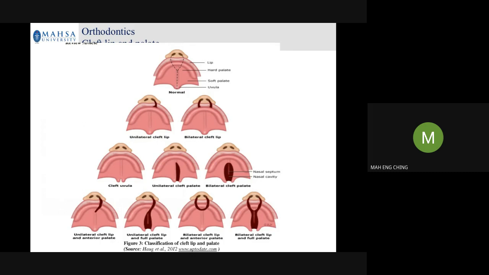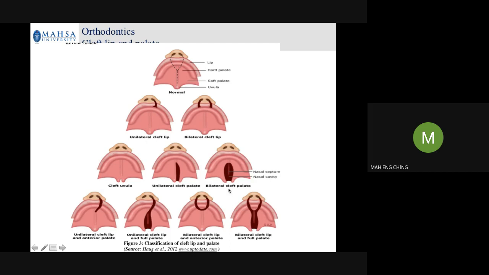Okay, so now I myself, and some of the specialists, prefer to use this picture to describe the cleft. It can be a cleft lip, hard palate, soft palate, uvula. Unilateral, bilateral. For example, this one is only a unilateral cleft lip, then this one is a bilateral cleft lip, then this one is a cleft palate, unilateral, bilateral cleft palate. Then unilateral can extend to the lips and the full palate.